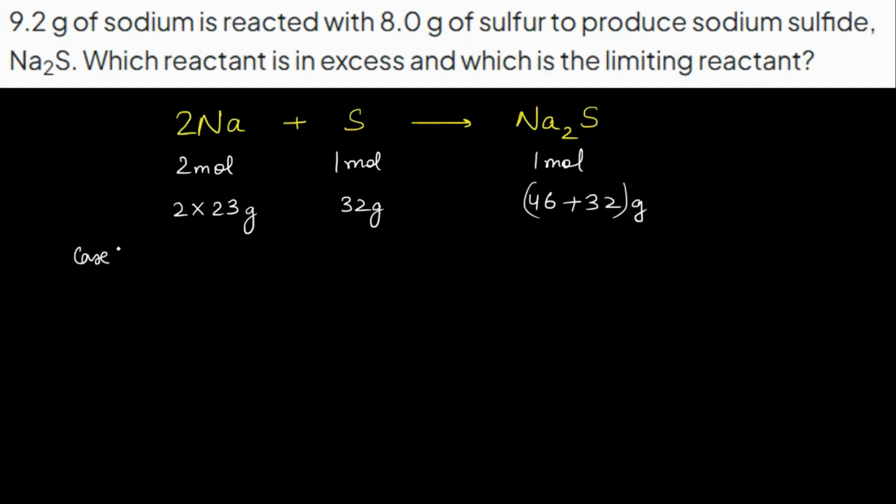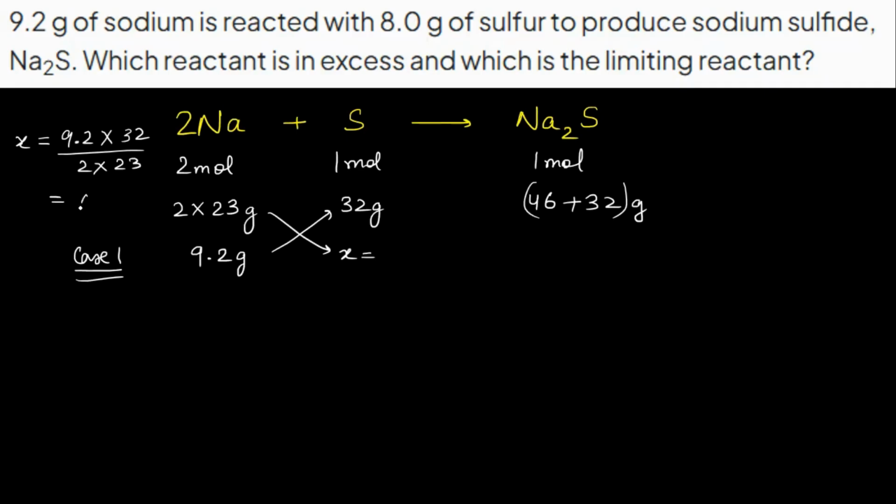So case number 1, if we take 9.2 grams of sodium, now we can't take 8 grams here because we have to go with the mole ratio. Let's assume this is X. Again, we use the unitary method to find X. X is equal to 9.2 times 32 divided by 2 into 23. This gives you around 6.4 grams.